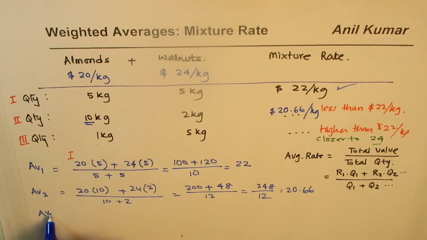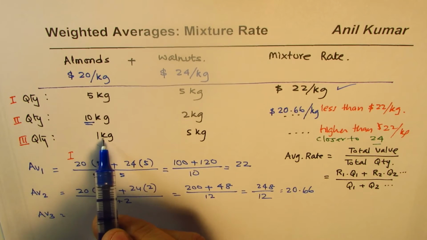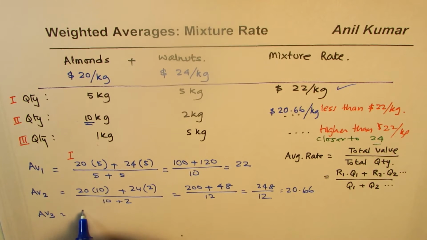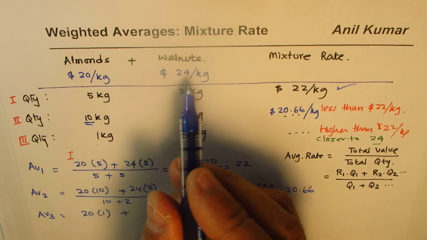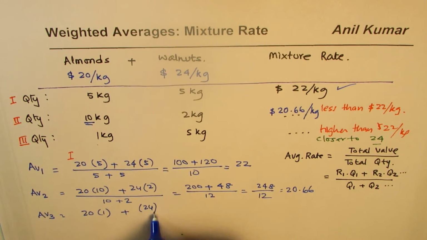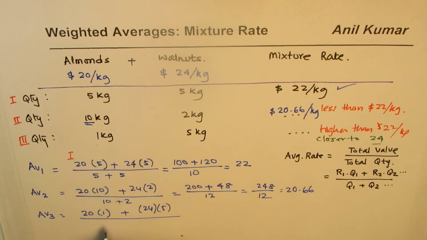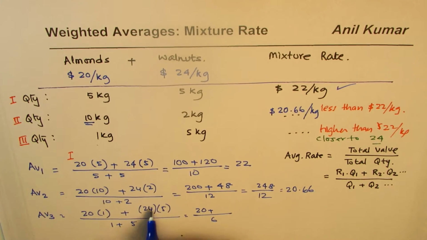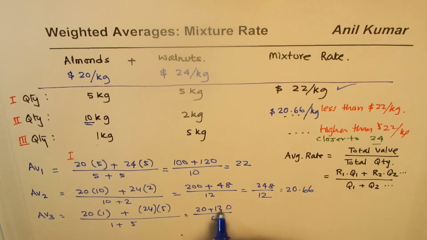Let's find the average rate for the third case, which is 1 kg of almonds. So it is $20 times 1 kg plus $24 per kg times 5 kg, divided by 1 plus 5, which is 6. So 20 times 1 is 20, and 24 times 5 is 120.